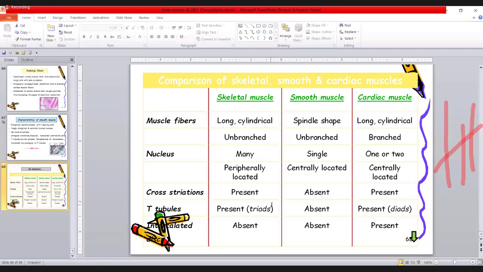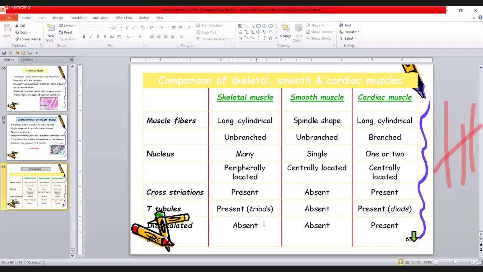What is sarcoplasmic reticulum? The smooth endoplasmic reticulum of the muscle cell is known as sarcoplasmic reticulum. What is the plasma membrane of a muscle cell known as? Sarcolemma. So there is this unique terminology for muscle cells. The endoplasmic reticulum of the muscle cell is known as sarcoplasmic reticulum.